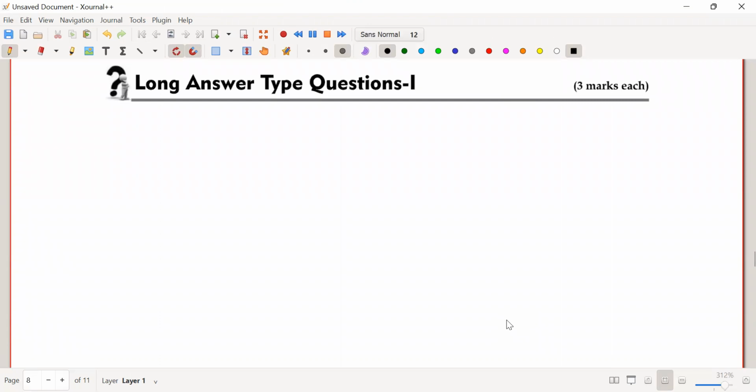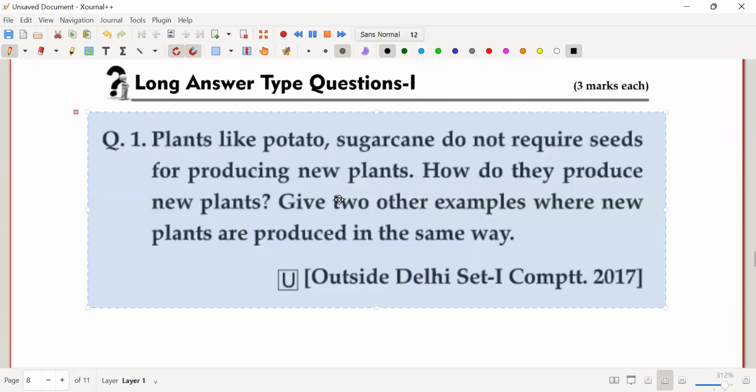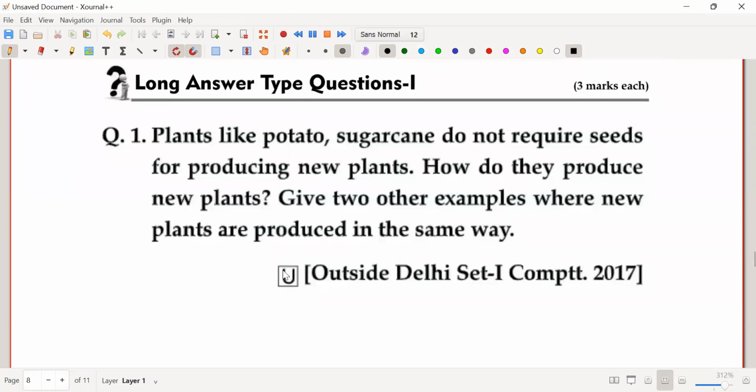Wait, I will get the questions. Plants like potato and sugarcane do not require seeds for producing new plants.